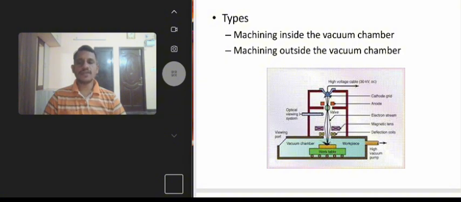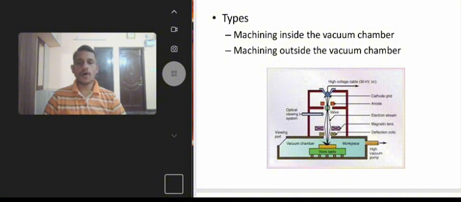The electrons passing through the anode are accelerated to achieve a high velocity, about half the velocity of light, that is 1.6 × 10^8 meters per second, by applying 50 to 200 kilovolts at the anode. The high velocity of these electrons is maintained till they strike the workpiece.